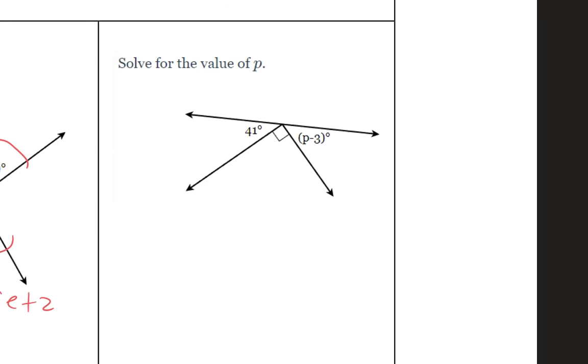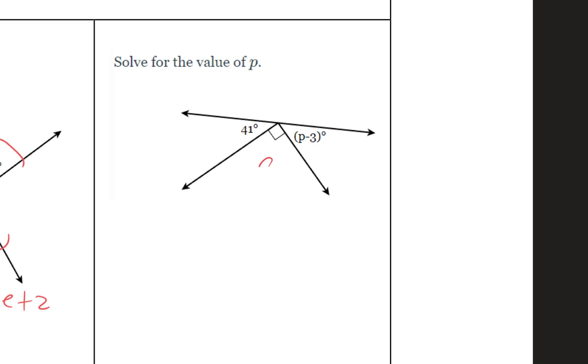Okay? And then our last one, if this much is 90, right? If we recognize that that's 90, that means 41 and that equals 90 as well, right? Because if the whole thing adds up to 180, we could say P minus 3 plus 41 equals 90, not 180, right? And so that's what we want to do to set it up.